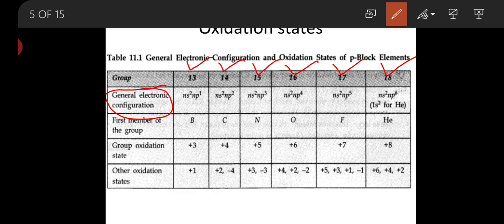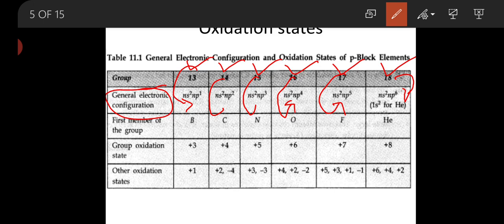The general configuration of each group is: for group 13 it is ns2 np1, group 14 is ns2 np2, group 15 is ns2 np3, group 16 is ns2 np4, group 17 is ns2 np5, and as usual group 18 is ns2 np6, except for helium.